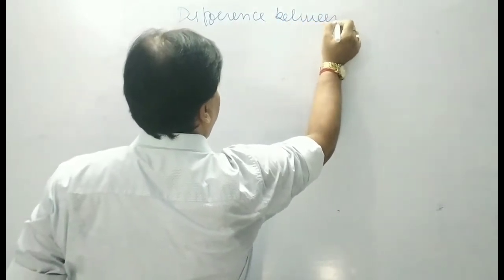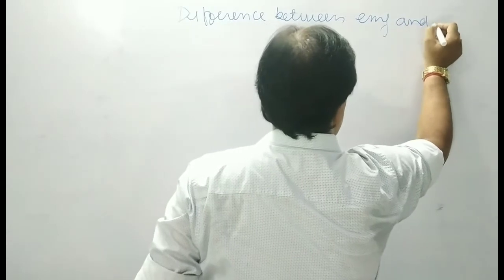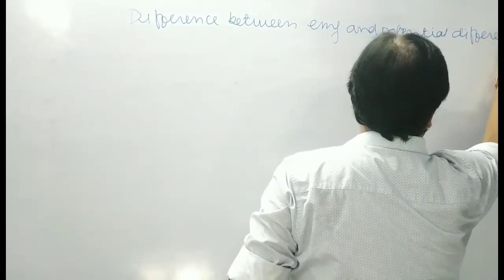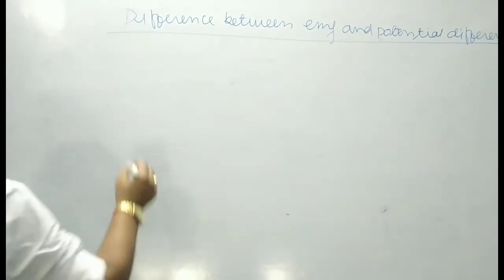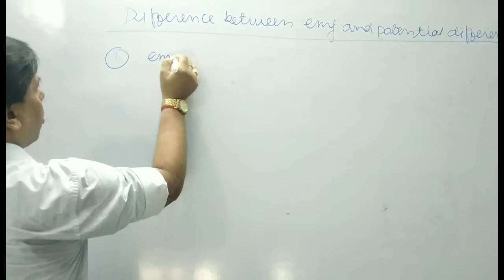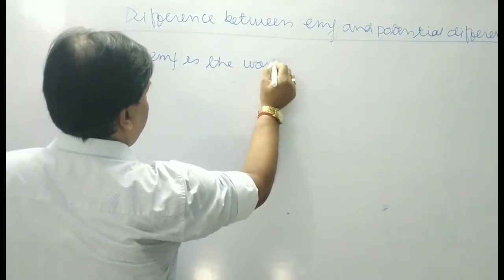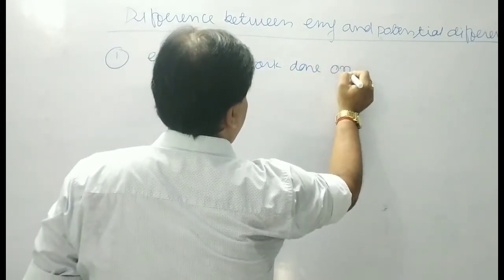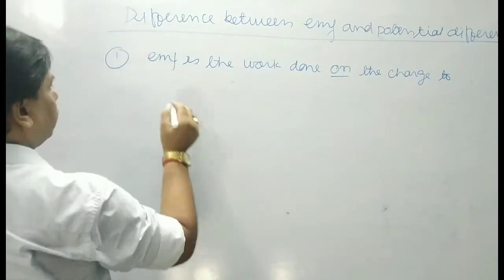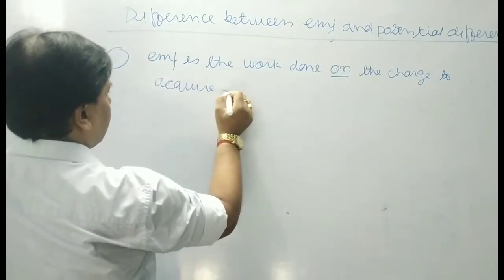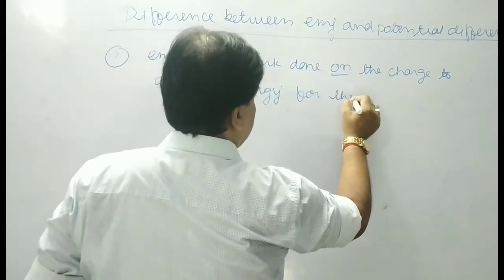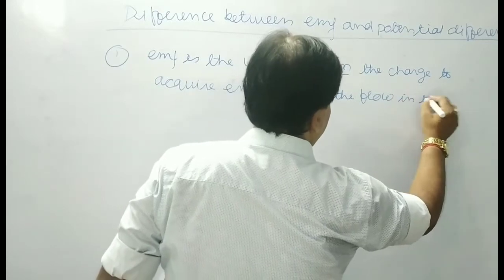Difference between EMF and potential difference. पहला, EMF is the work done on the charge to acquire energy for the flow in the circuit.